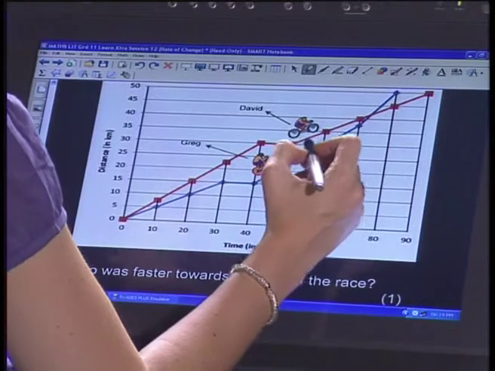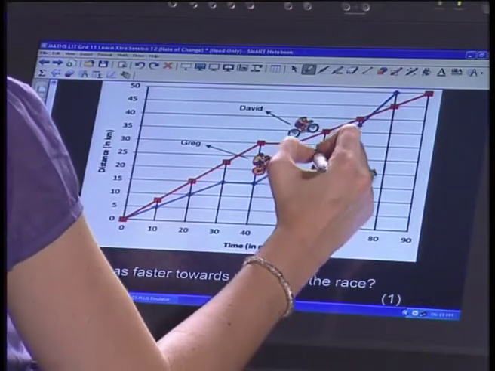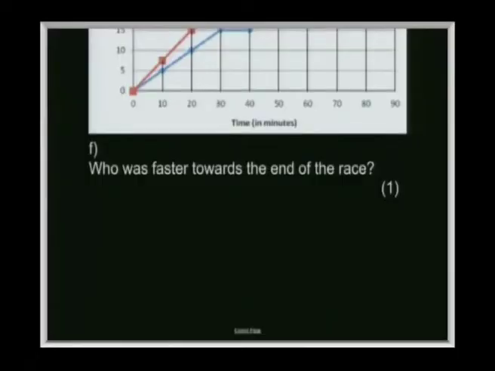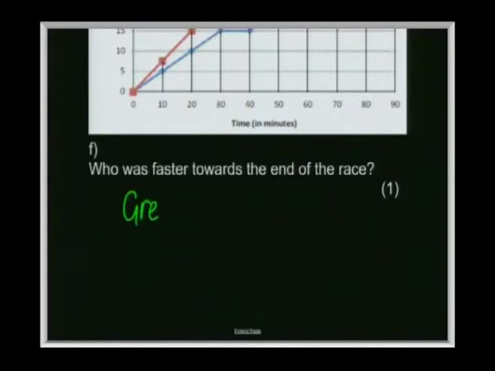And if you look at the graph, over here our blue line is Greg, and his line becomes very steep, whereas David's line flattens out a bit and becomes more shallow, which means that Greg over here was going faster. His rate increased, which is shown by a steeper line. So, who was faster towards the end of the race? It was Greg. Let's move on to the next question.